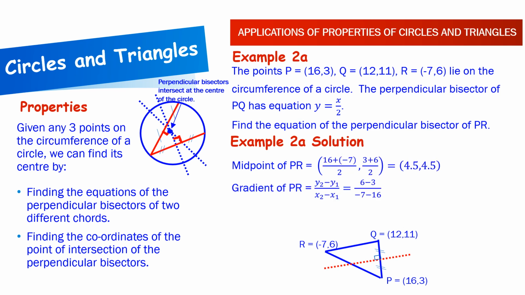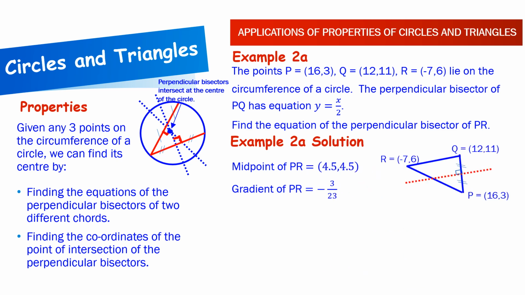The gradient of PR is equal to change in y over change in x, which is 6 minus 3 all over minus 7 minus 16, which is equal to minus 3 over 23, as shown.